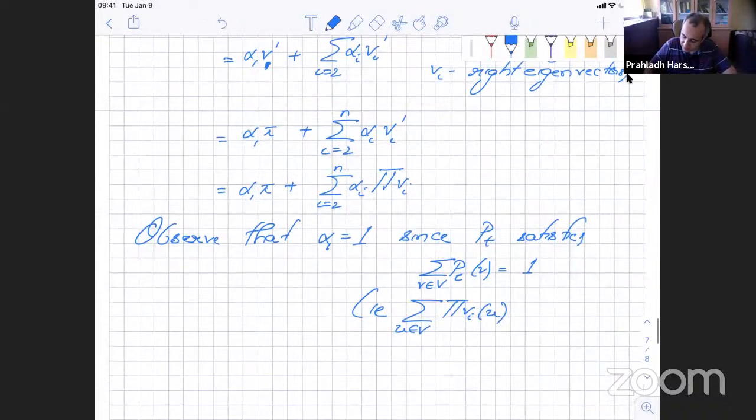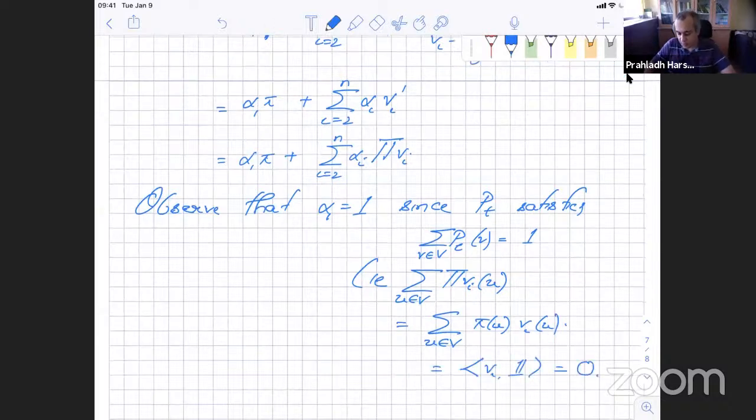This is exactly summation over u in v of pi u vi u. This is the inner product between vi and the all ones, which is 0, the pi inner product. And this will tell you alpha 1 is 1.